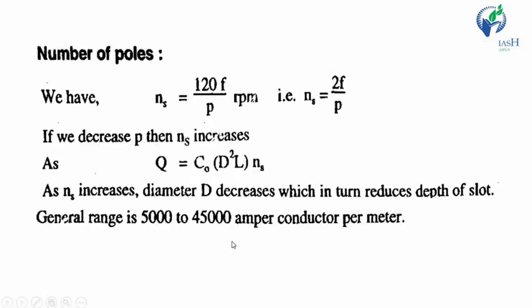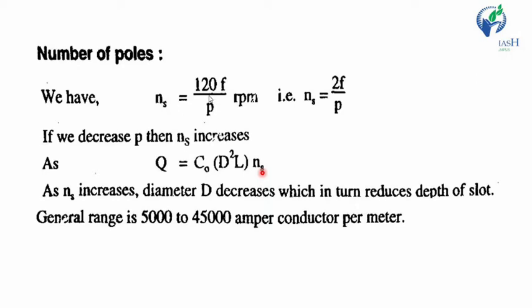Now next one is the number of poles. First of all we see the equation here, Ns is equal to 1 upon 2 times f by p RPS. So from this equation, in RPS we get Ns is equal to 2f by P. Now from this equation, if we decrease the number of poles P, we know that speed is inversely proportional to poles.